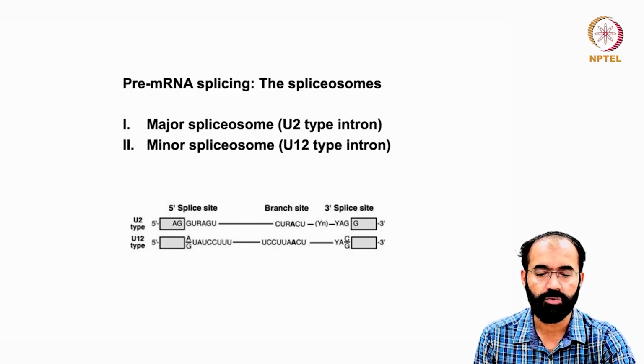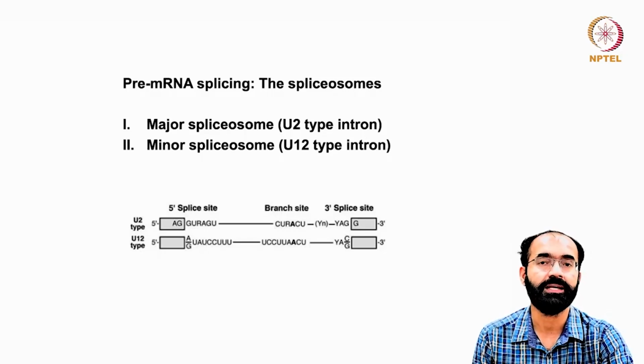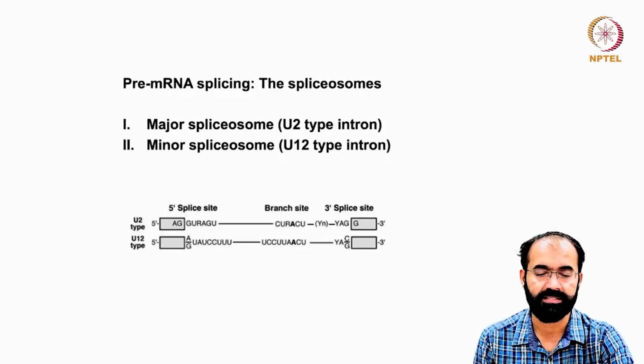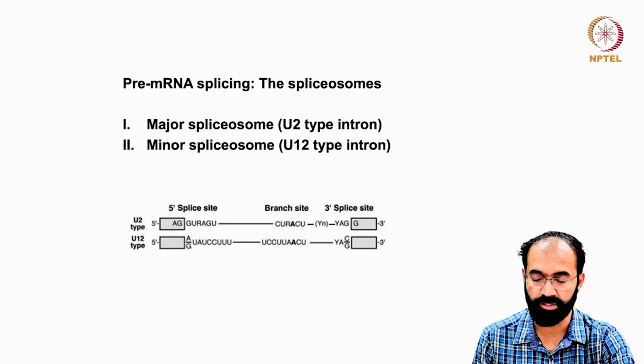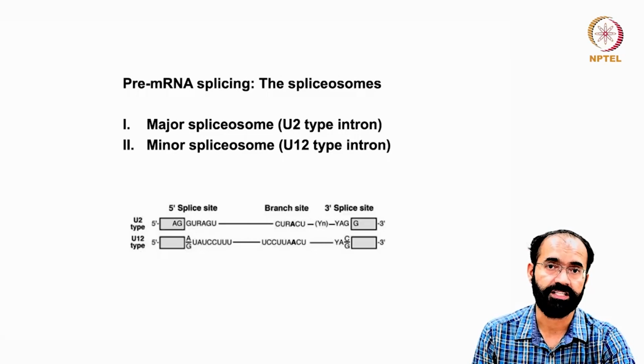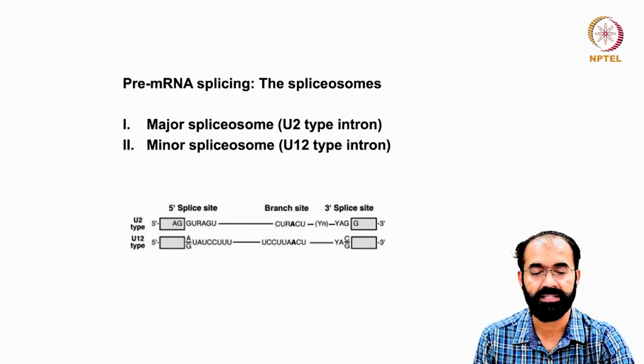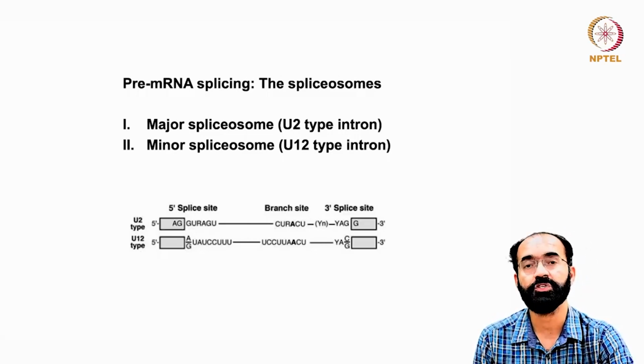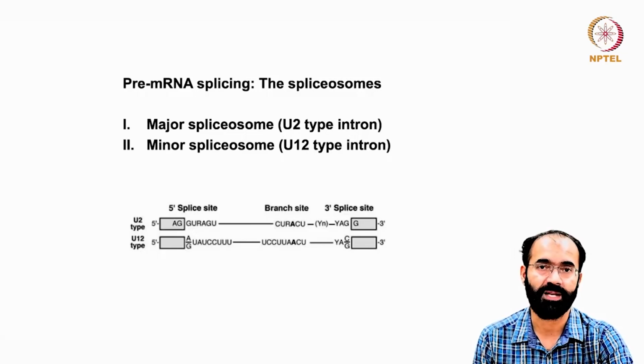So the GUAG rule is basically relaxed. GU need not be GU, it can be AU, and AG need not be AG, it can be AC also. One of the major changes is this alteration in the minor spliceosome. Sometimes if a gene loses the ability to retain the GUAG, the minor spliceosome becomes handy for such splicing.